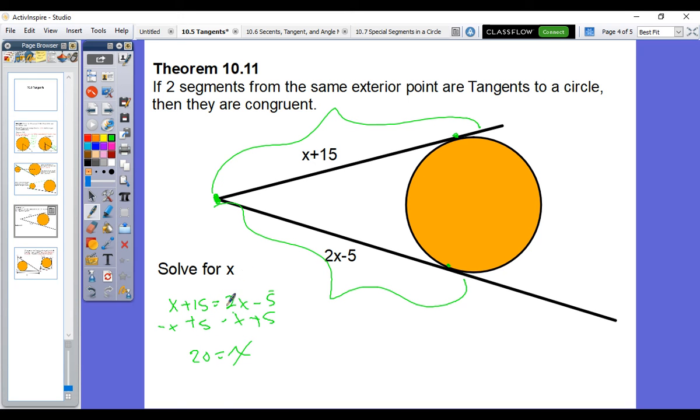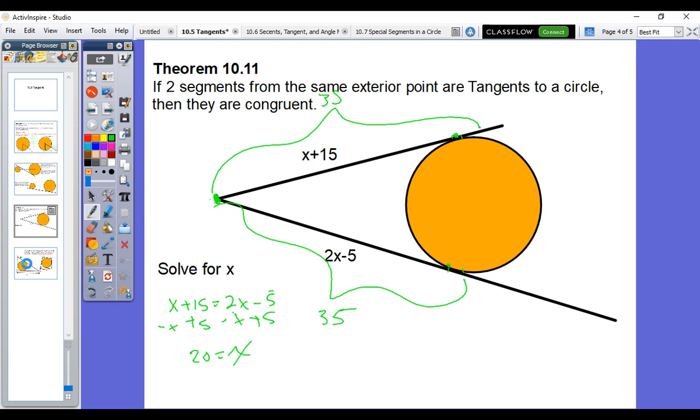So the distance would be 20 plus 15, 35. 2 times 20 is 40, minus 5 is 35 as well. To reiterate, if you have one exterior point going to the same circle, that distance is the same.